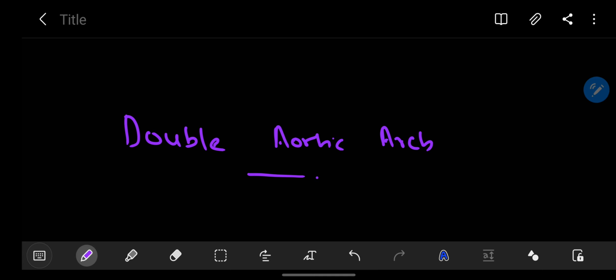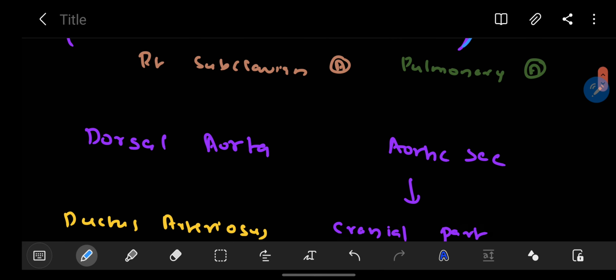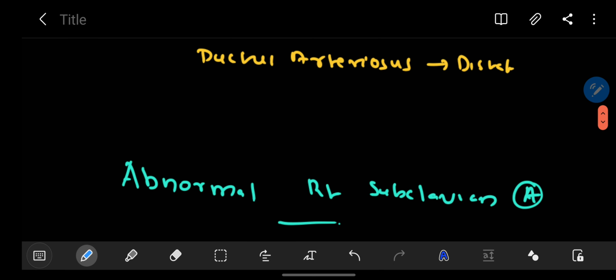In double aortic arch, the two aortae form a vascular ring around the trachea and esophagus. Actually the right dorsal aorta, its caudal part, normally disappears. But in case of double aortic arch, this persists. So both the left and right dorsal aortic arches persist, which results in the double aortic arch.